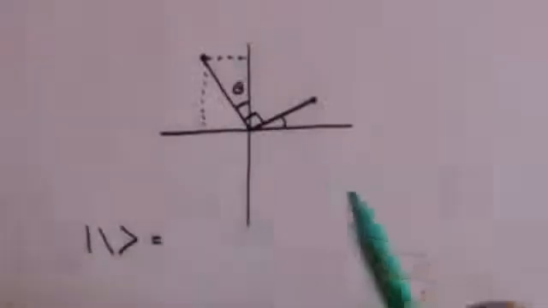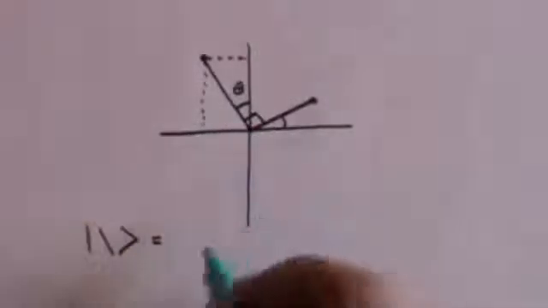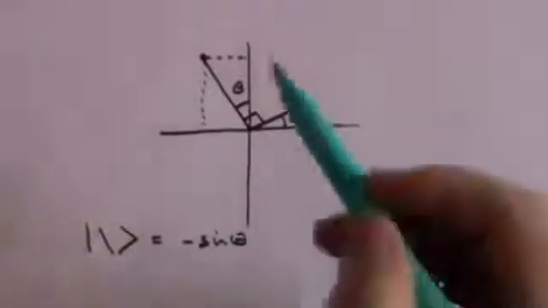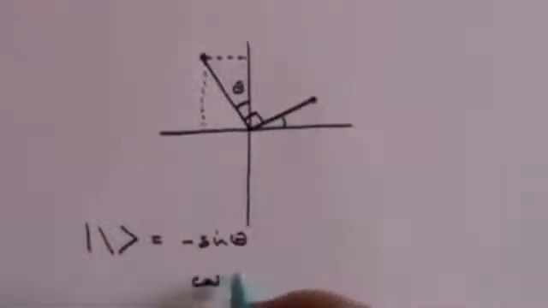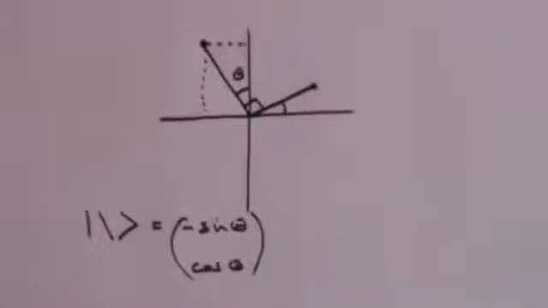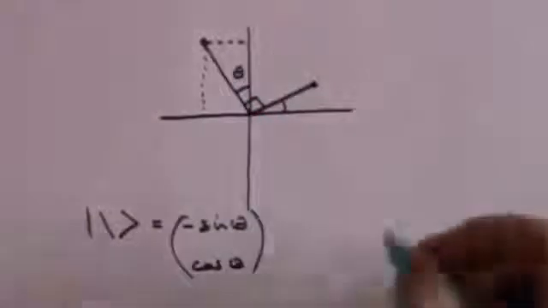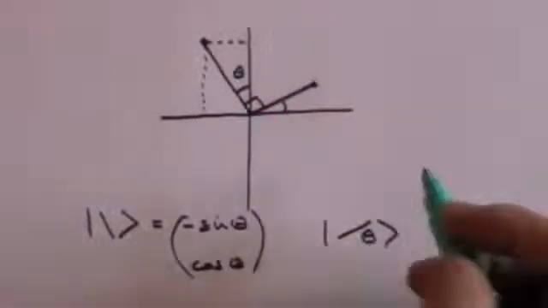Well, the x coordinate is going to be minus sine theta, and the y coordinate now is going to be cosine theta. So now I've got that as being my eigenvector for the orthogonal vector to the one which was at theta to the horizontal.